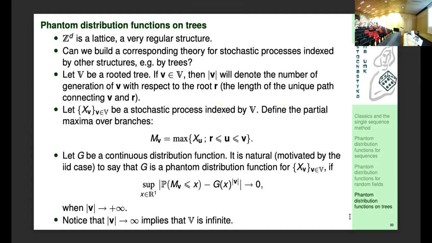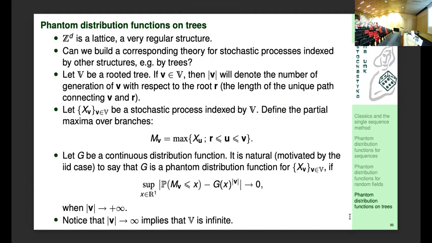So far it has nothing to do with branches. The maximum is over branches, but the convergence is independent of a given branch. The absolute value is the length of the branch. Yes.